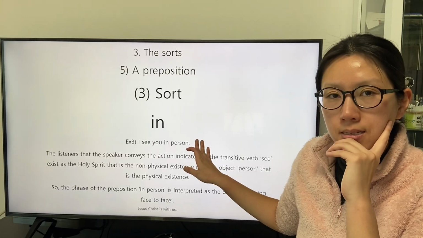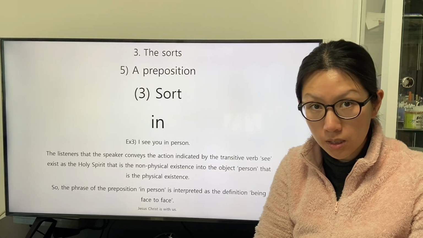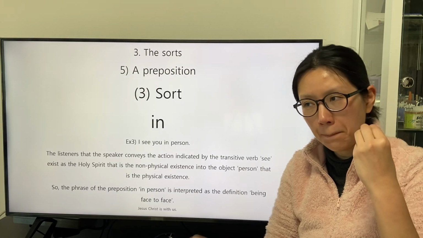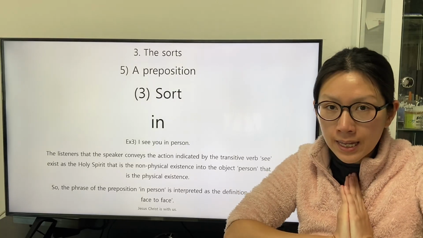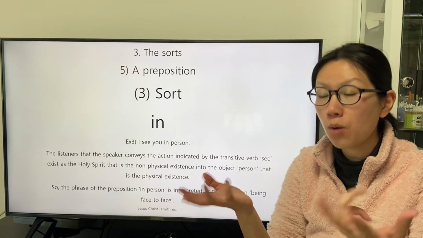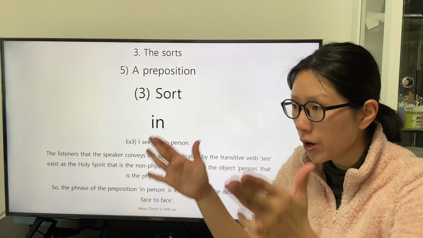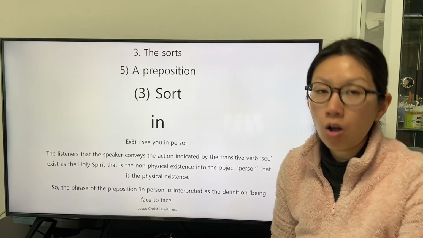So this clause can be interpreted especially from the perspective that we have faith in Jesus Christ coming to us in the form, in the shape of a person.